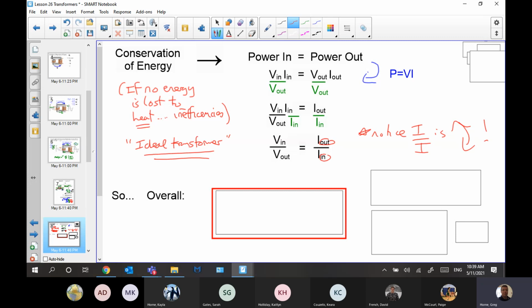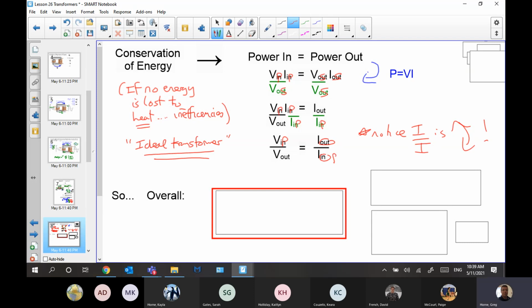If I were to rejig this slide, I would make all the ins be P's. So this could be P, P, and this could be S, S. All the ins are primaries.